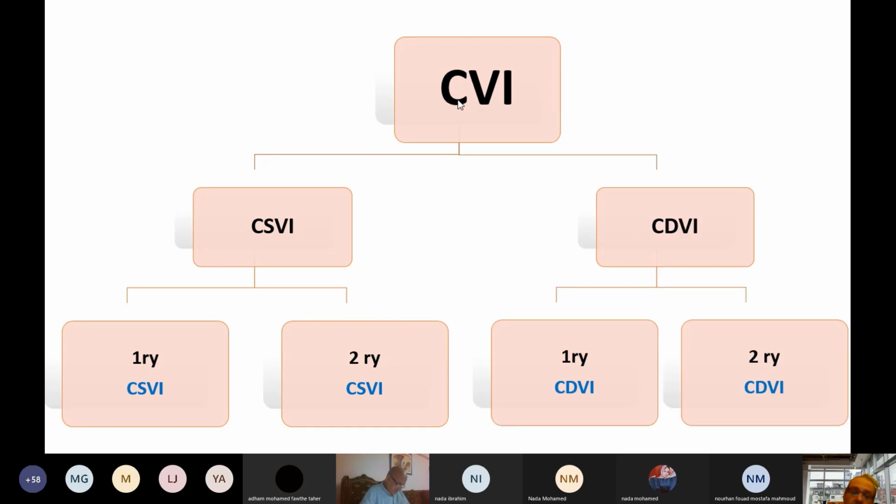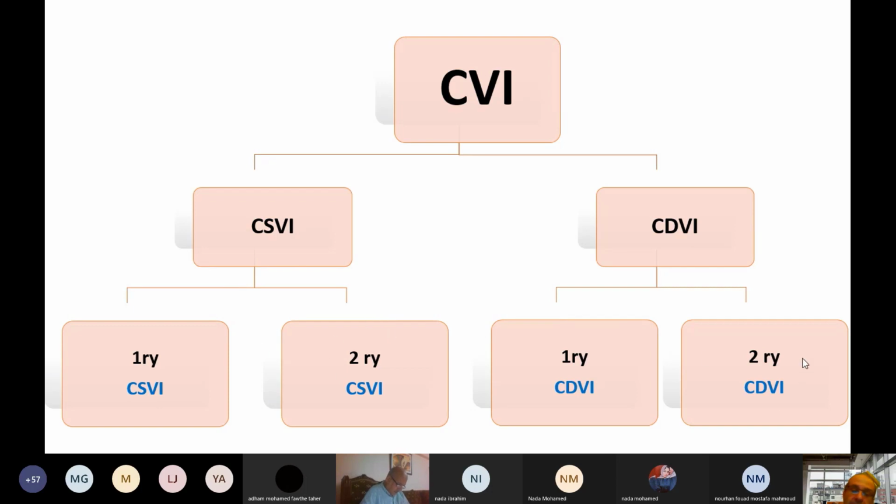Another form, or another arm, of chronic venous insufficiency is what is called chronic deep venous insufficiency. Chronic deep venous insufficiency means that the deep system is affected and there is a disruption of the hemodynamics of the deep system. You have to know that both arms are connected together.